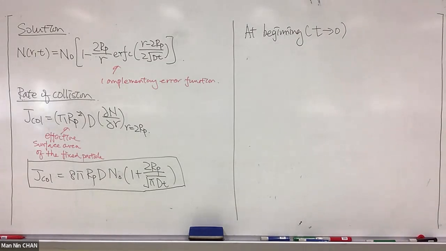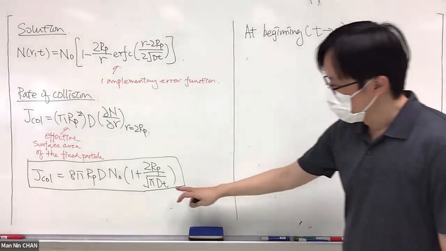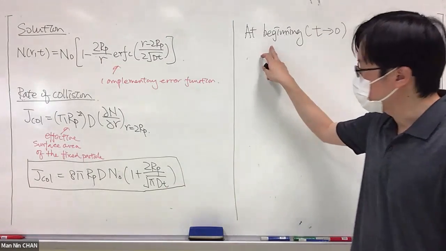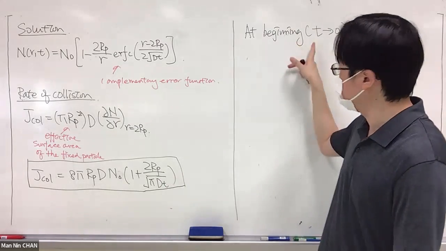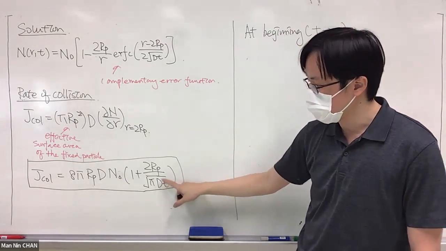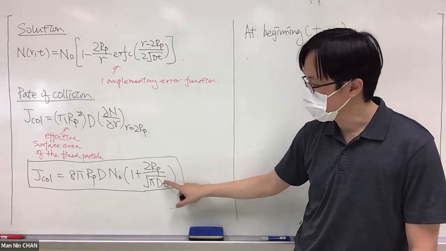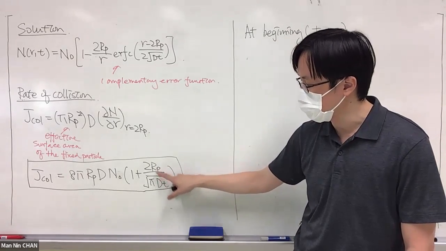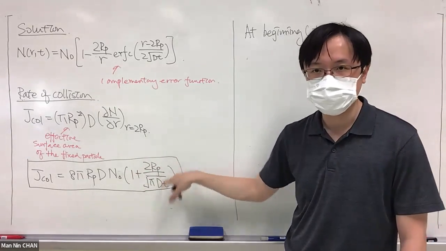So you allow the collision to happen if you have certain conditions that we described. If the time tends to 0, what will happen? This term becomes very small, so you divide by a very small term, and the whole term here is very large.